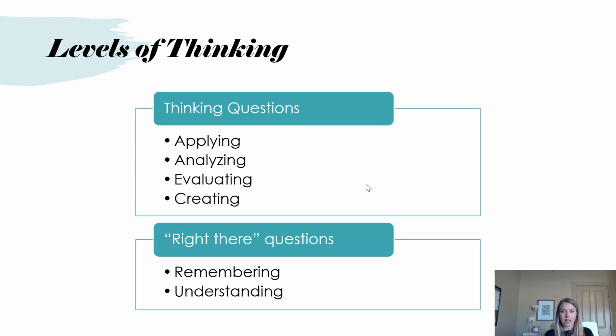Instead, rightness comes into, were you able to explain your evaluation? And were you able to explain your logic? Which is why we call these thinking questions, because your answers are often evaluated off of how well you did the thinking, not necessarily did you come up with the same answer as your classmate.